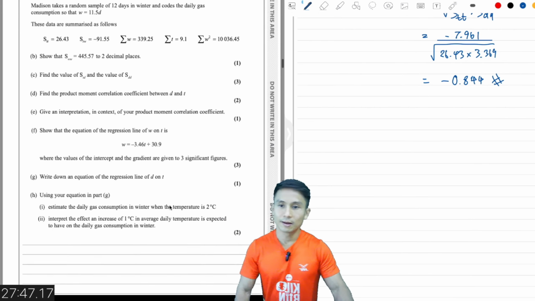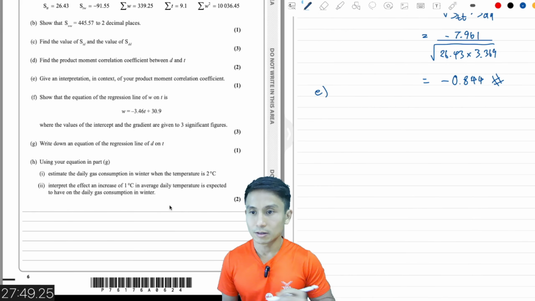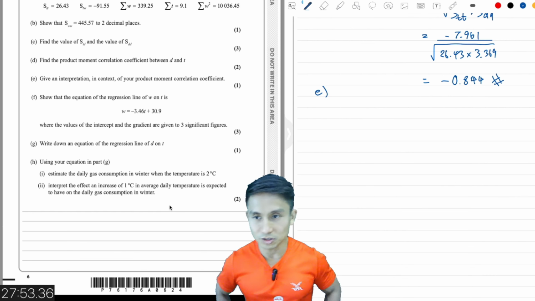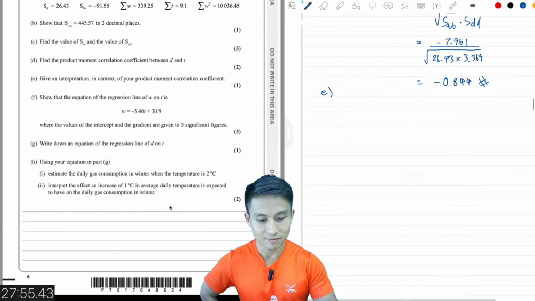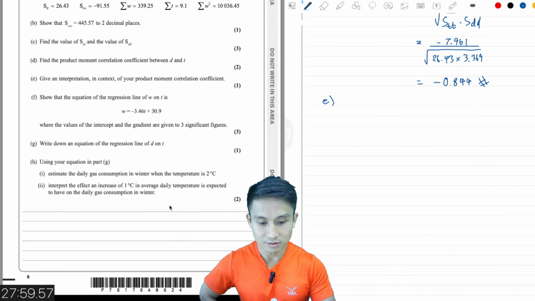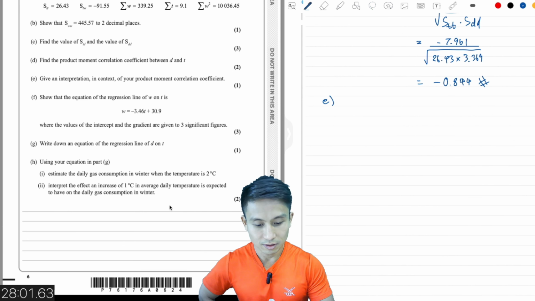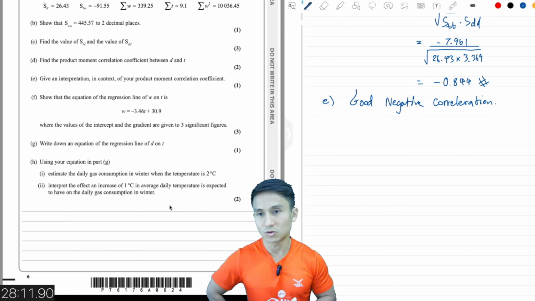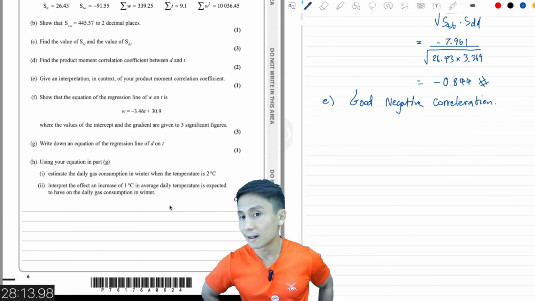And part E. Give an interpretation in context of your product moment correlation coefficient. Well, this is negative, so it's a negative correlation. But that's not actually the interpretation yet.